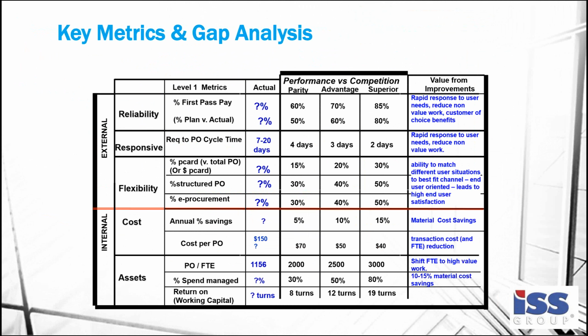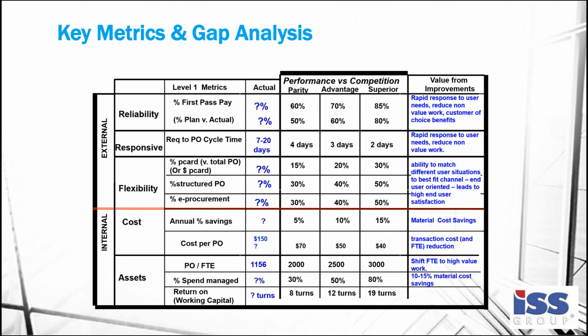So this helps you to gather your metrics at the beginning and place them in here to see where you stand. For example, first pass pay, if you're 30%, you're way below parity. You have a big issue here. Plan versus actual, if you're not doing any forecasting, you'll have no idea what that's going to be. But you're generally going to be 30 to 40% if you're just beginning.